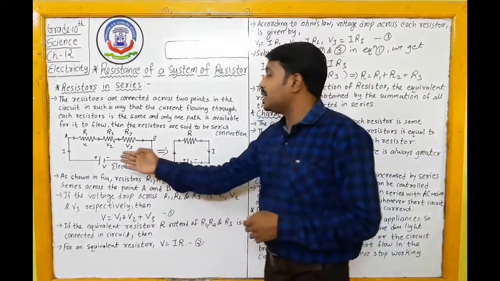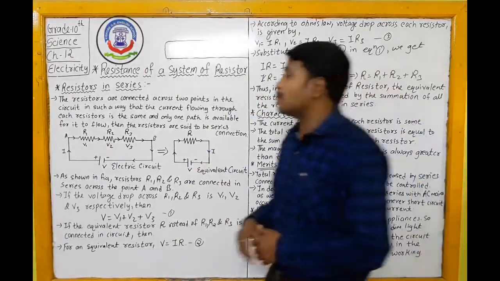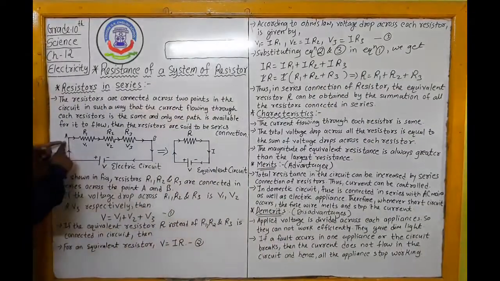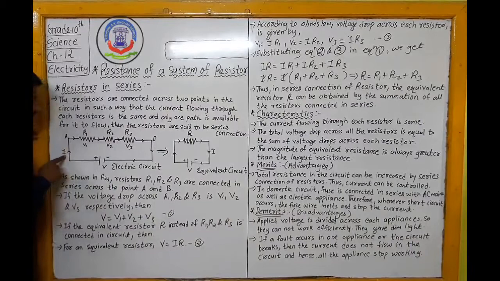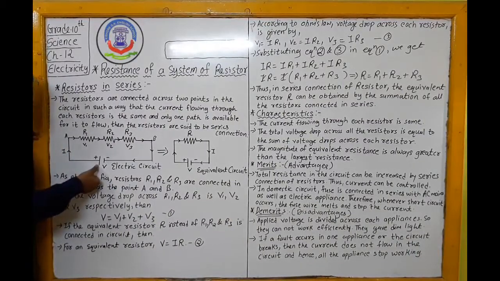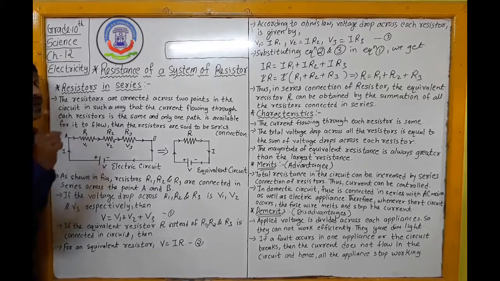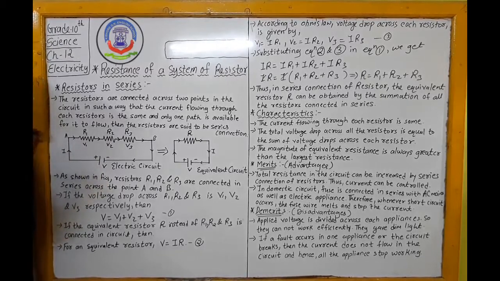Now you can see in the diagram I have also shown, suppose this is the point A and this is the point B. From this point A your current will start. You can see this is your current coming from the positive terminal of the battery, and this current is also known as conventional current, because I told you in our last lecture we have two types of current.